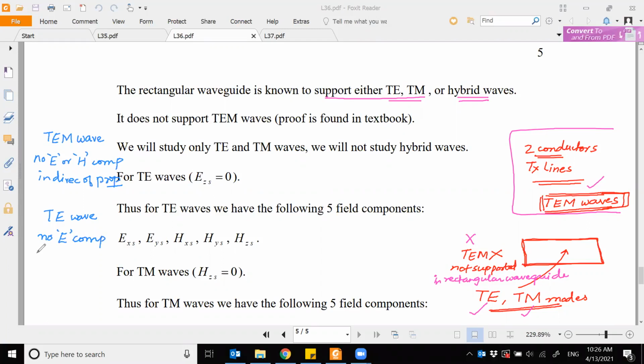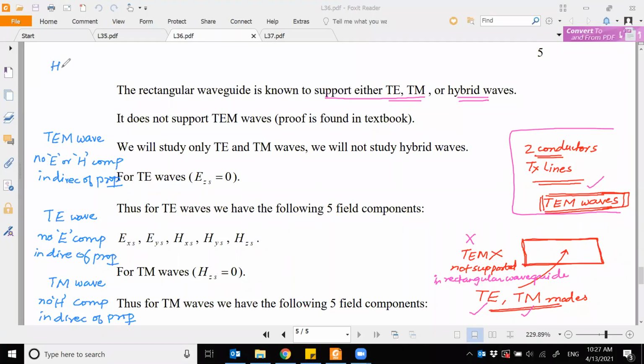No E component in the direction of propagation. Okay. So for TM wave, no H component in the direction of propagation.